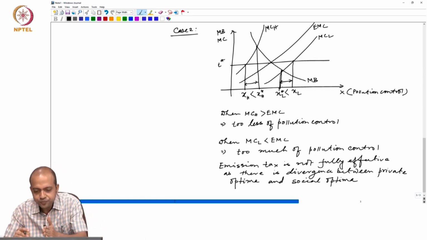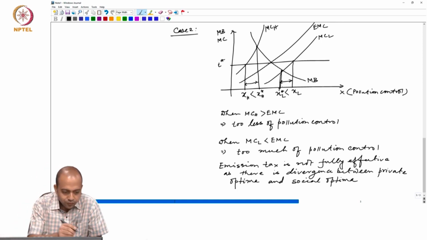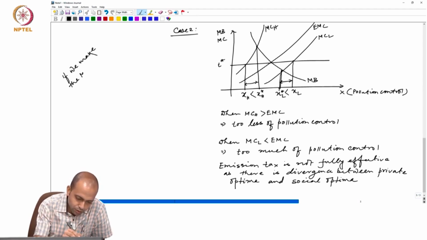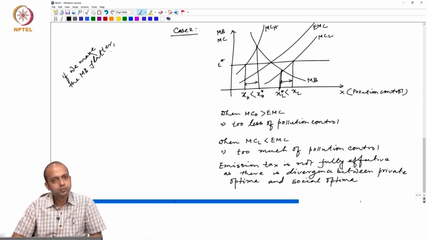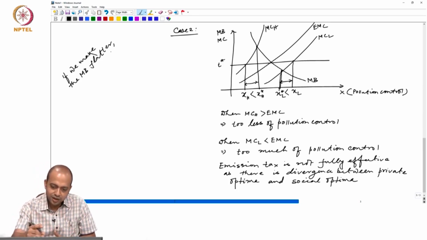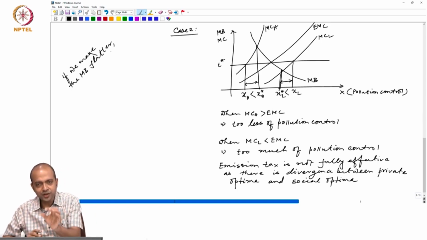Now, if I make the MB a little flatter, then what will happen? Will the divergence go up or come down? From the simple geometry itself, you can understand that if you make this curve a little flatter, then the degree of divergence will go down.